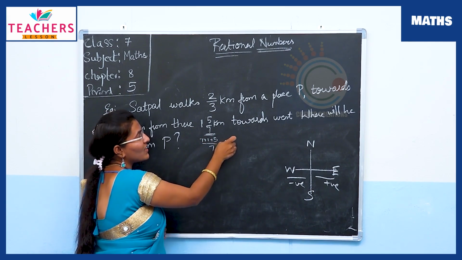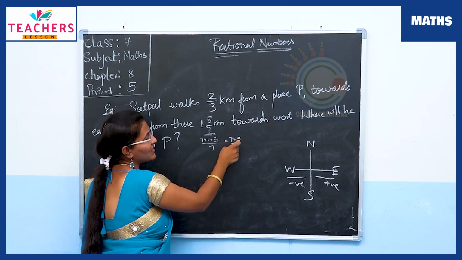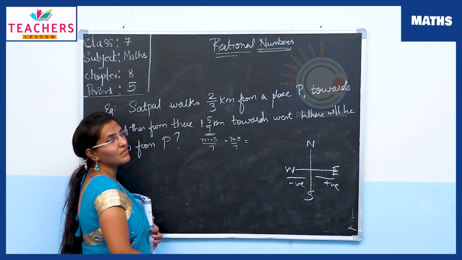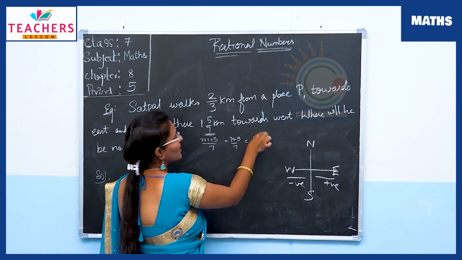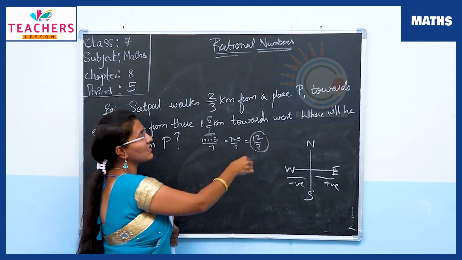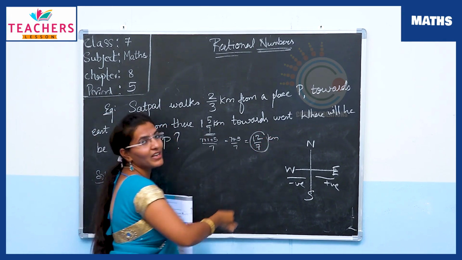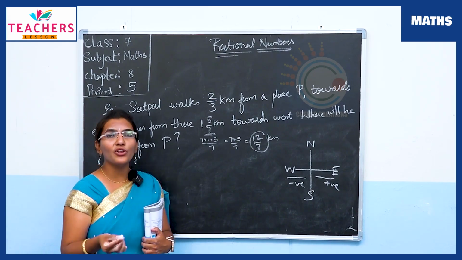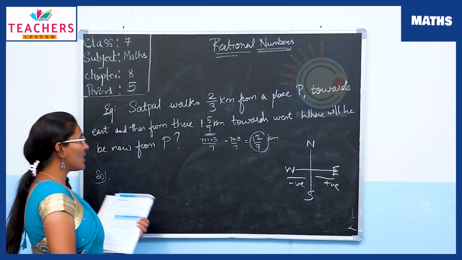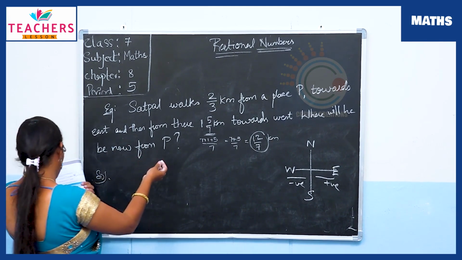So 7 ones are what? 7 plus 5/7. So 7 plus 5 is what? 12, right? So 12/7. So the given number 1 5/7 is 12/7 kilometers. You have to convert into the fraction form and then you have to solve the problem. Clear? So Satpal walks 2/3 of a kilometer, right?